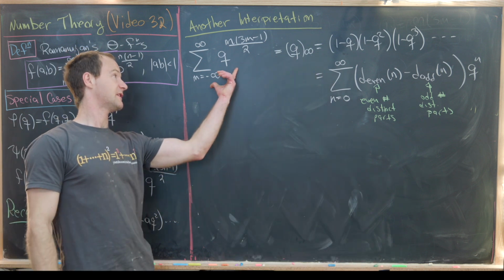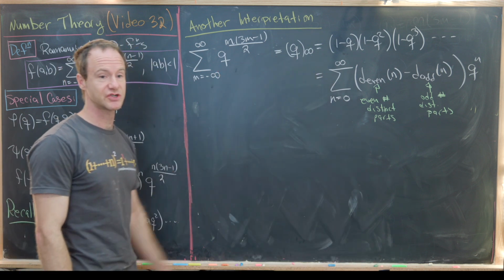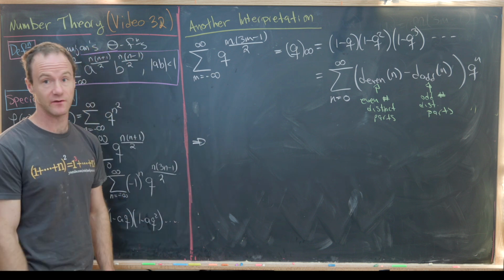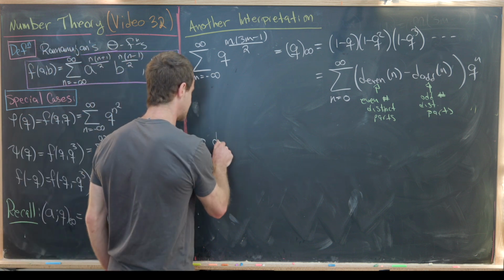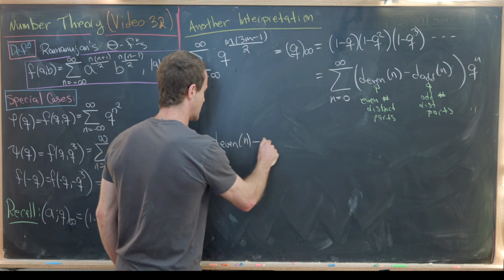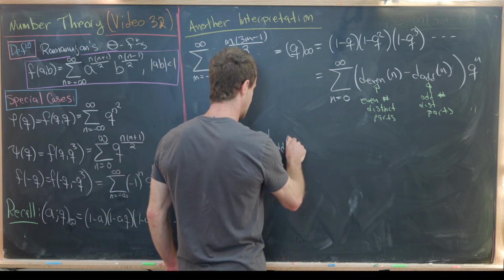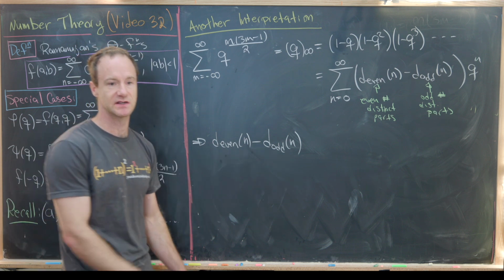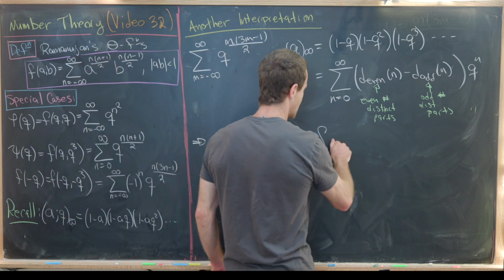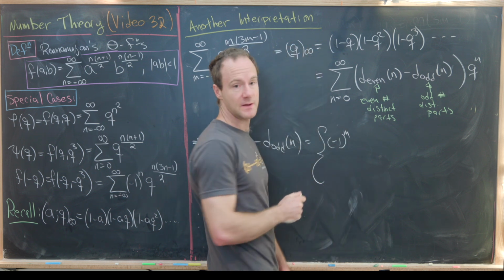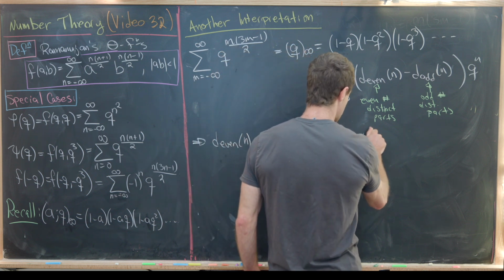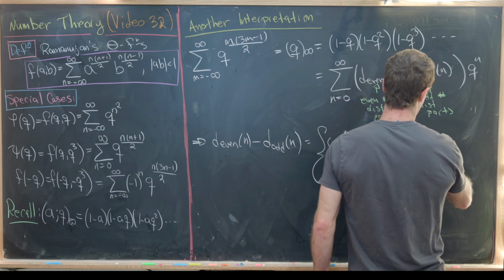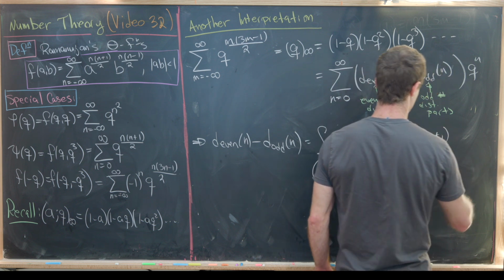But now, given that that's equal to this from our previous proposition, we have this nice rule, which is, like I said, another version of Euler's pentagonal number theorem. And that is the difference between these two, in other words, the number of partitions of n into an even number of distinct parts and an odd number of distinct parts, is equal to (minus 1) to the m if n is equal to m times (3m plus or minus 1) over 2.